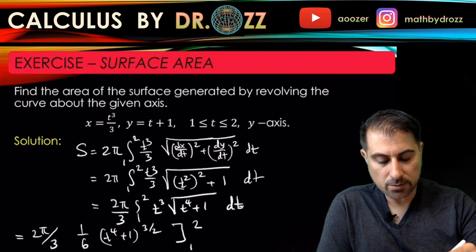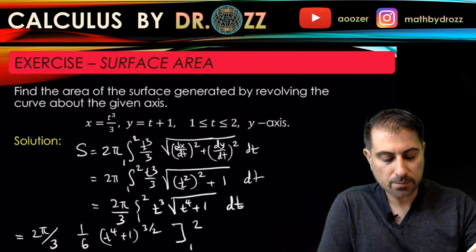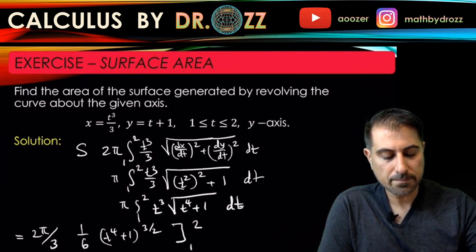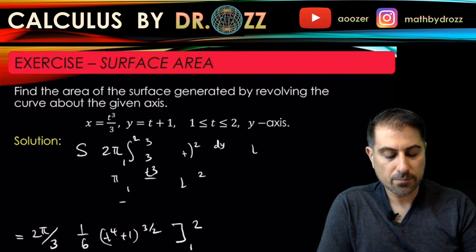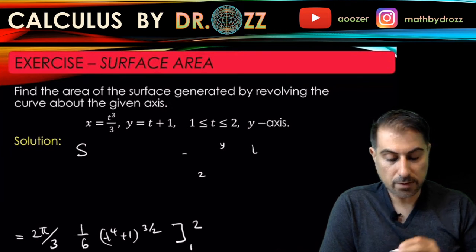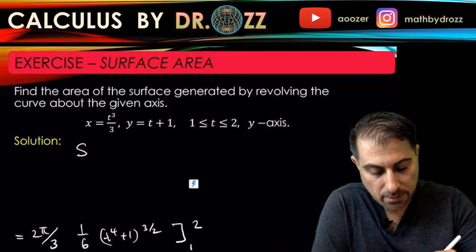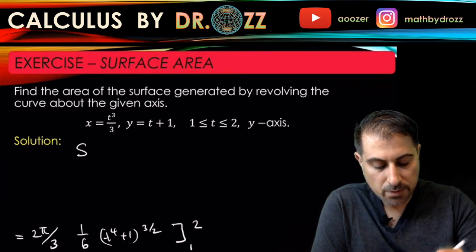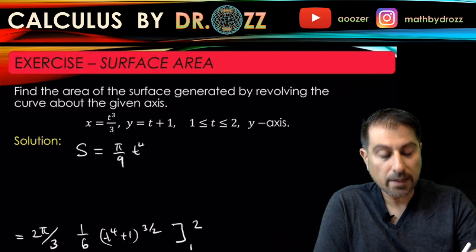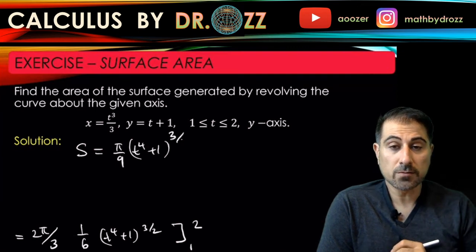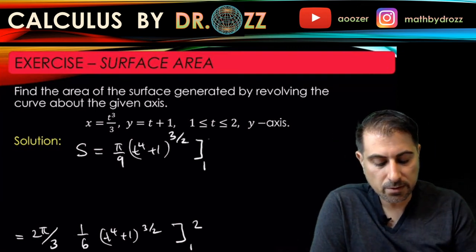So let's just clean this part up. There we go. So this is pi over 9, in fact. Pi over 9, t to the 4th plus 1 to the power of 3/2, from 1 to 2. We're using the fundamental theorem of calculus now.